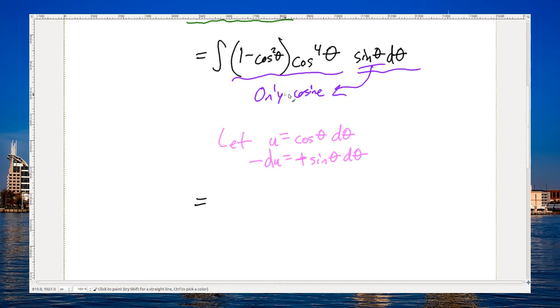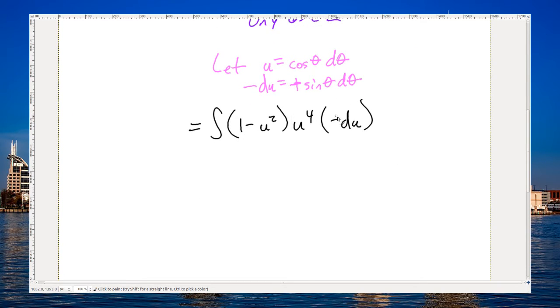On the only cosine stuff, the bulk of what we're dealing with, I can replace every cosine with a u. So let's do that. 1 minus, instead of cosine, I have u squared, u to the 4th, and instead of sine of theta d theta, I'm going to have a negative du.